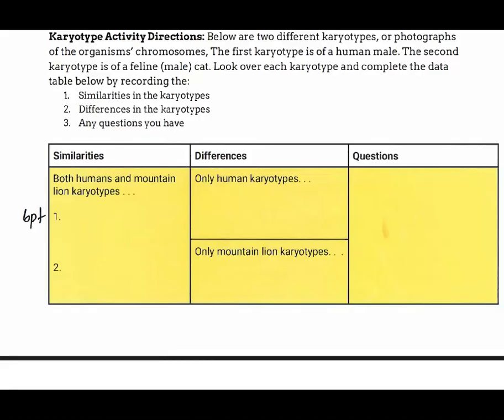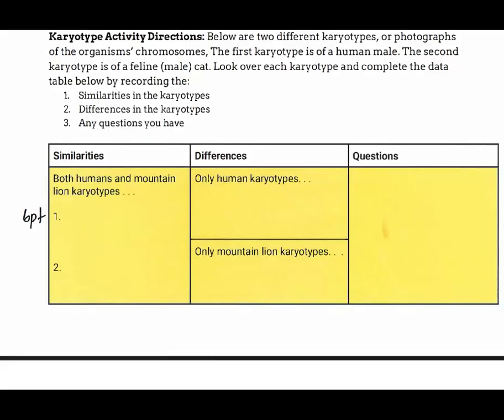You're going to look over each karyotype and complete the data table below by recording, number one, the similarities in the karyotypes. So you're going to look for two similarities and write them in.